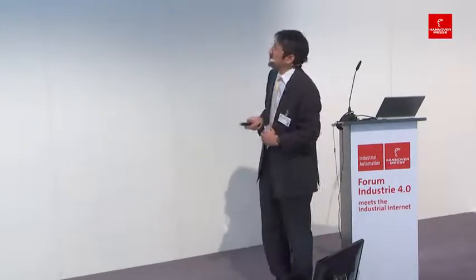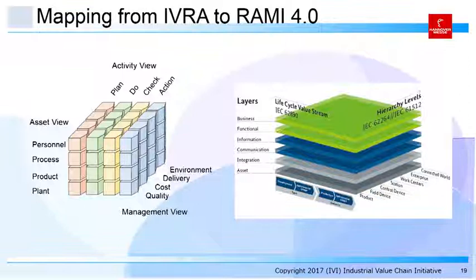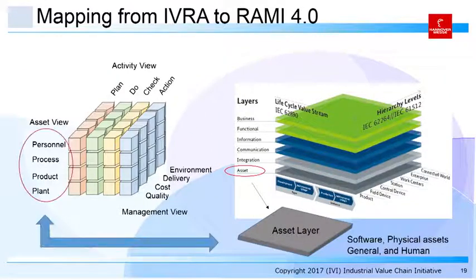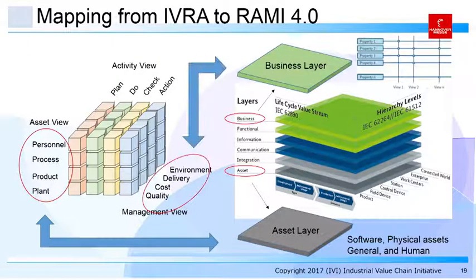Now I have to explain the relation between the RAMI model and our approach. The first layer of RAMI 4.0, the asset layer, corresponds to our asset view. And the business layer, you will have some view that can be defined, corresponds to this layer.